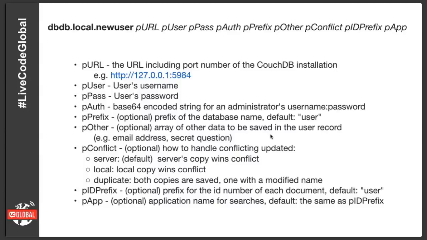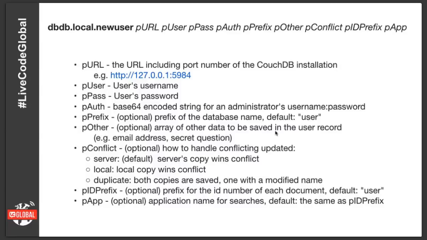So for the required parameters, you need to include the URL that includes the port number of the CouchDB installation, the person's username, the person's password, and then pauth is a base64 encoded string of an administrator's username and password. This is the only time that that's going to be needed.